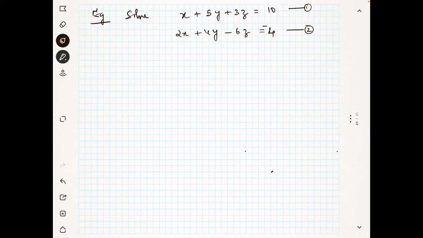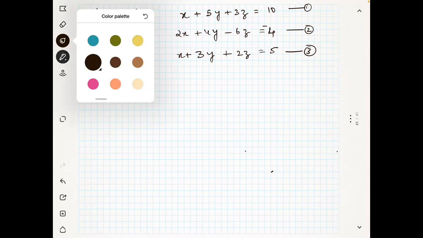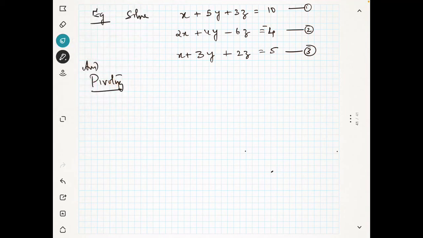Next is x plus 3y plus 2z is equal to 5. So first of all, you see here I will use the pivoting, okay, before proceeding. So this is equation 3. But when I check this equation, you see here I will consider the x variable.